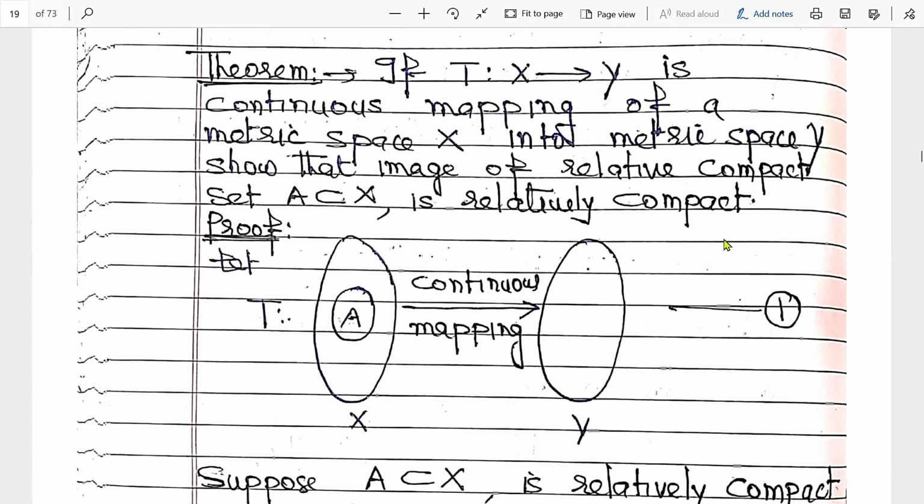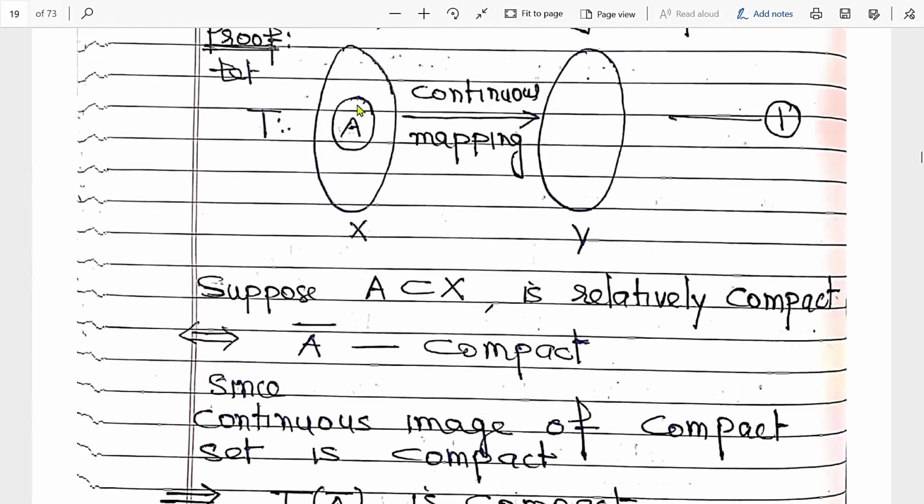That is the statement of this theorem. In order to prove this, I take A, which is relatively compact in X. My purpose is to show its image T of A is relatively compact.